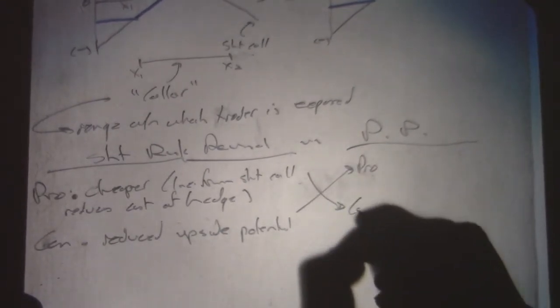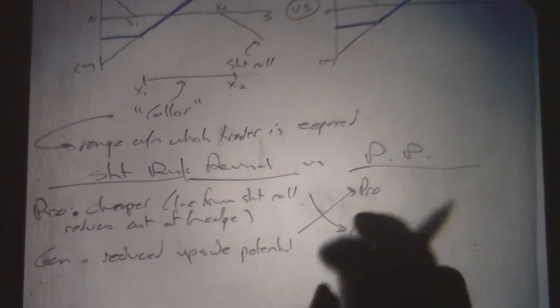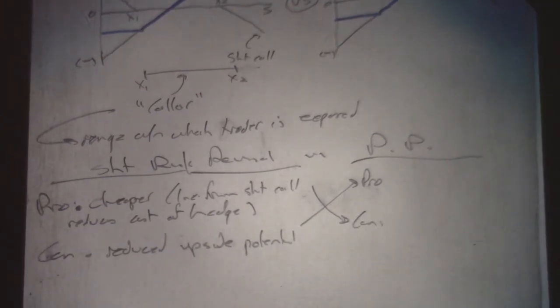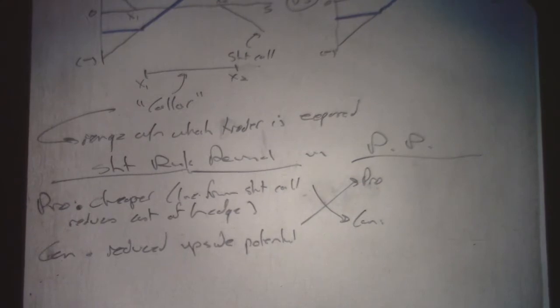So now the reduced upside potential, and yeah, so this is better. So pro, con. So actually, are you looking at 4 pointers or 2 pointers? This is 2, and then they reverse.